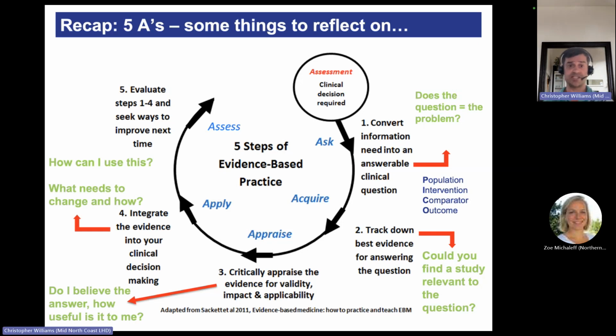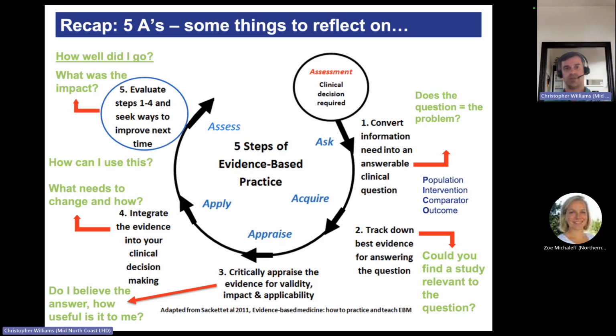So moving on to applying this evidence, this fundamentally relates to how well you can integrate the evidence into your clinical decision making. And so you can be asking how well can you do that, and then what needs to change to integrate the evidence into practice.